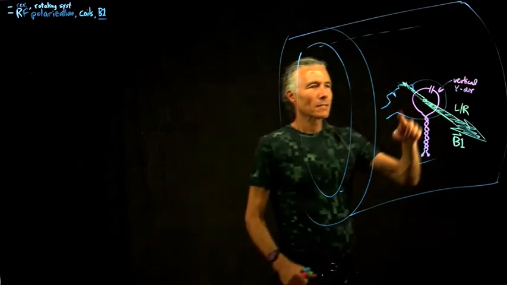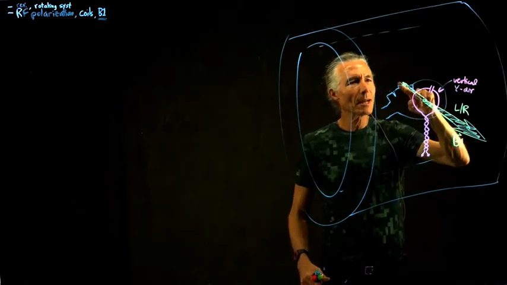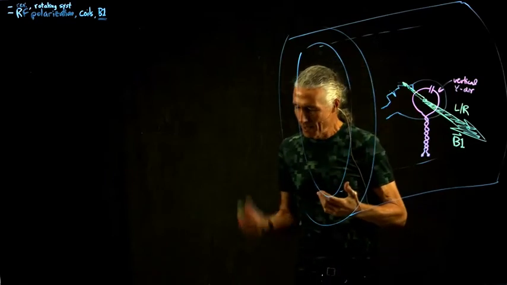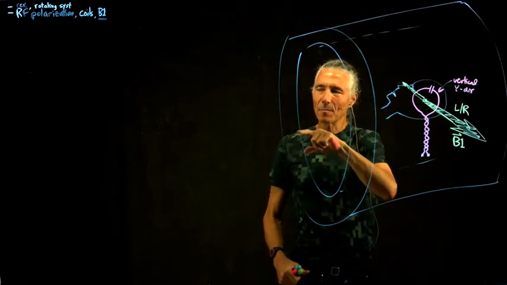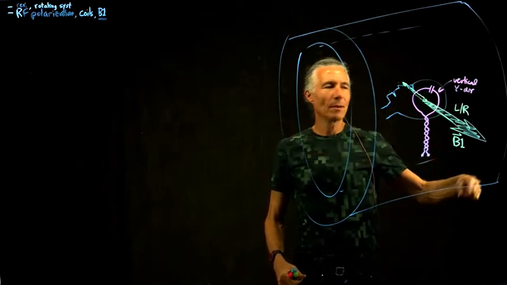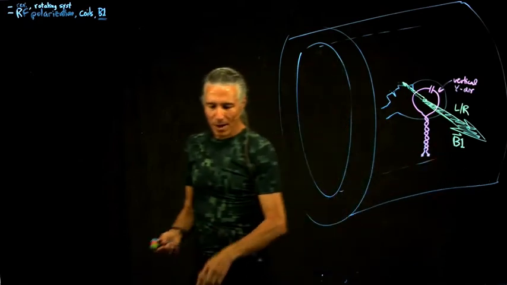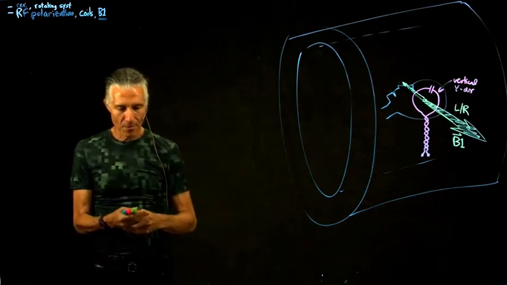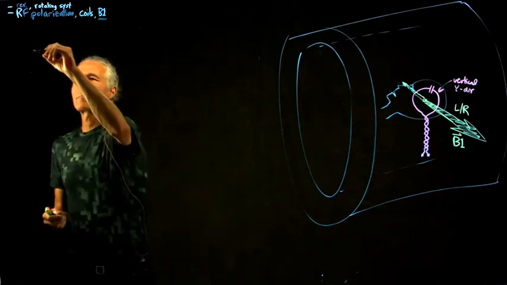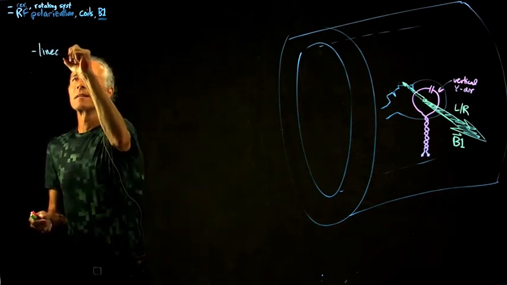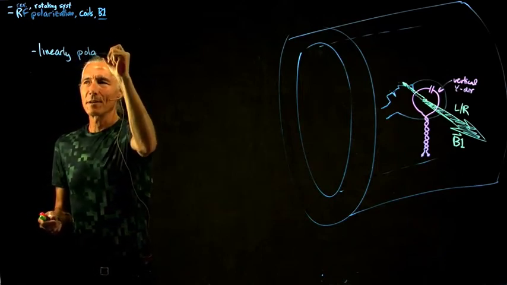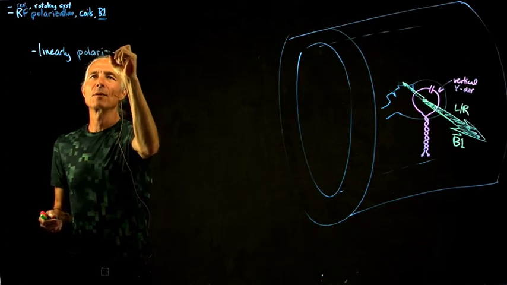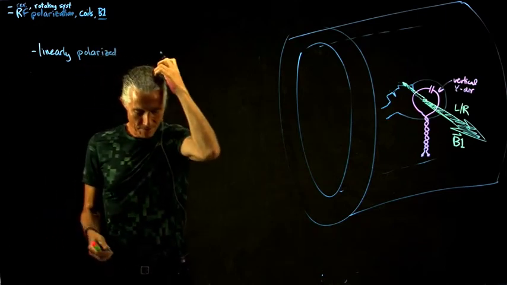Typically we're applying something that looks like a cosine, a current that's going from positive to negative, positive to negative, positive to negative. So how can we write that out? We can describe that as a linearly, as opposed to circularly, linearly polarized field.